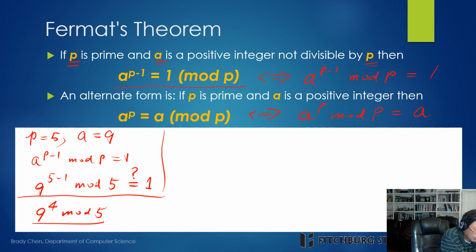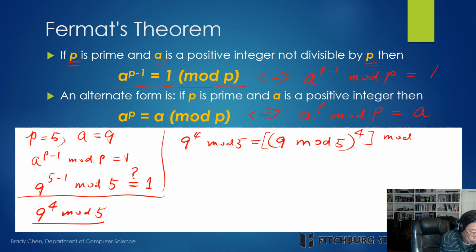So 9 to the 4 mod 5, we can write this as 9 mod 5 to the 4, mod 5, right? 9 mod 5 is 4. So that's 4 to the 4 mod 5.